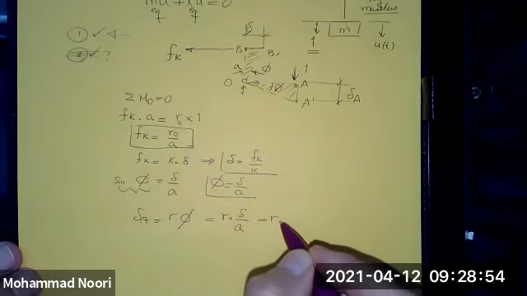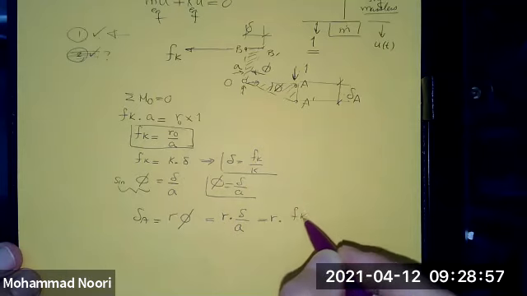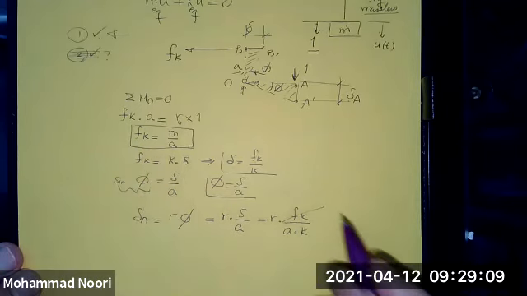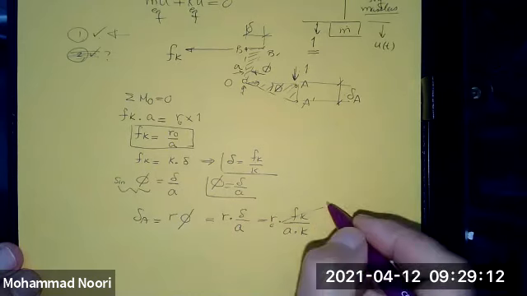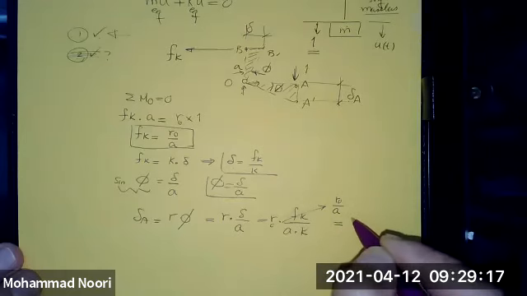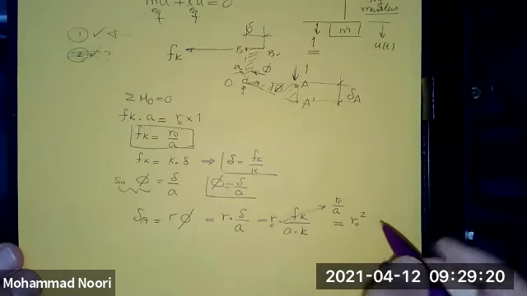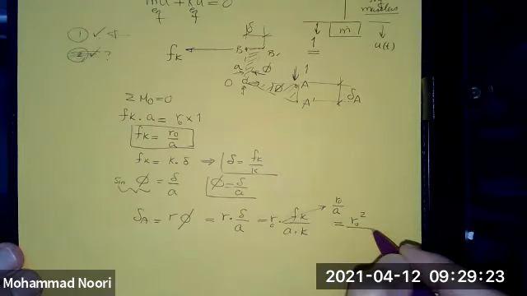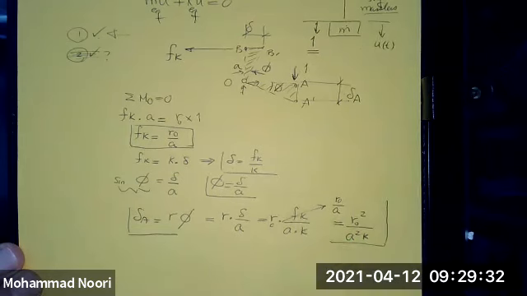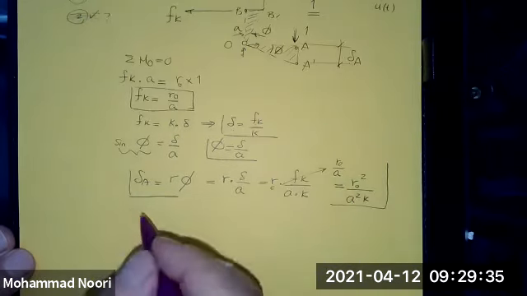So I would substitute for that, r naught times f of k over k. Now, f of k was r naught over a. So this is r naught over a. So delta A becomes r naught squared over a squared k. But what is delta A?